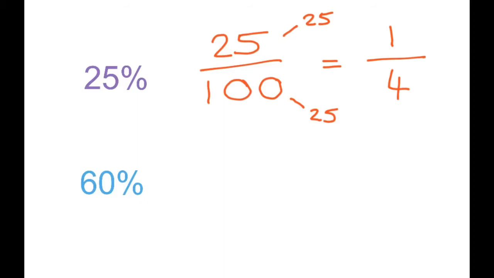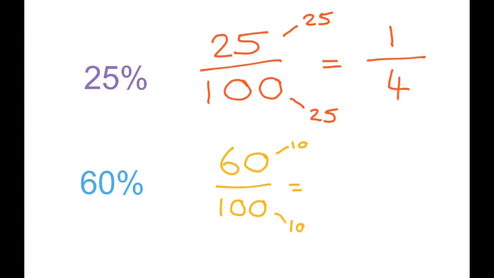With the next one, 60%, we write 60 over 100 first of all. So I need to find a number that goes into 60 and goes into 100. The number I'm thinking of is 10.